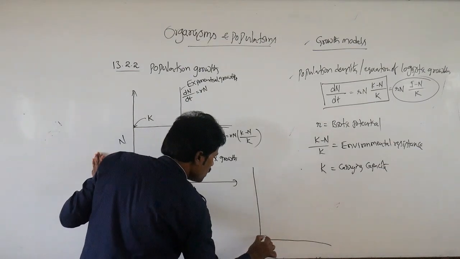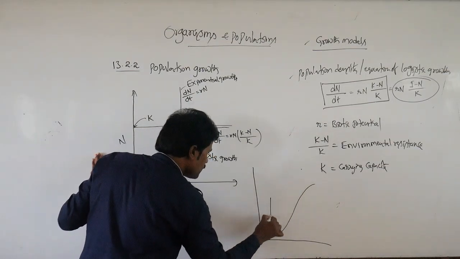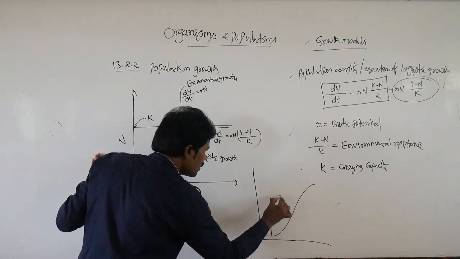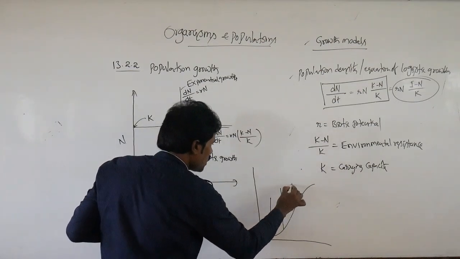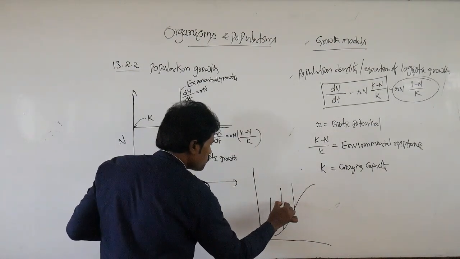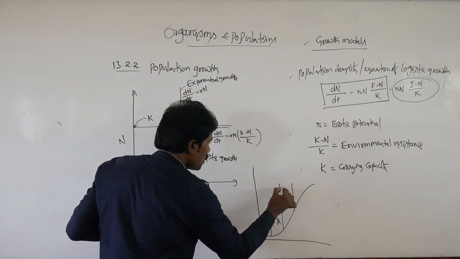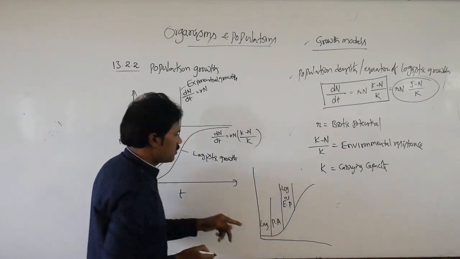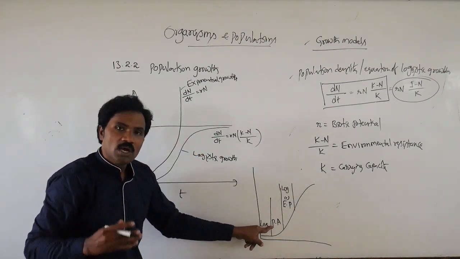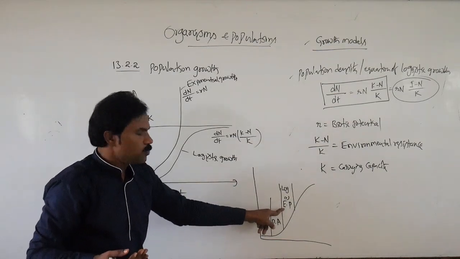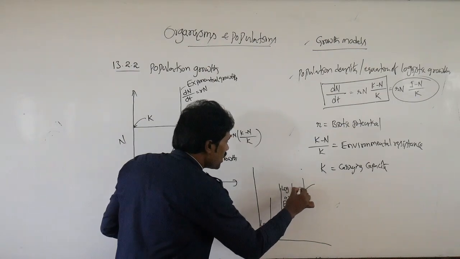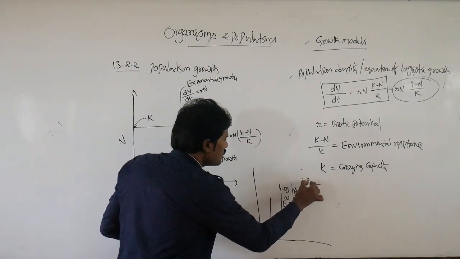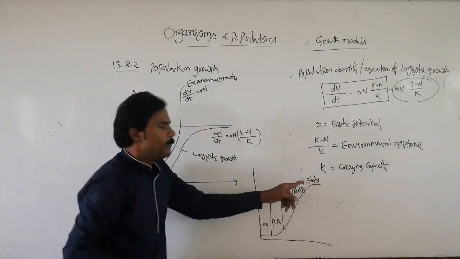If it represents logistic growth, the first one is the lag phase, the second one is the positive accelerated phase, then the third one is the exponential phase or log phase, then the negative accelerated phase, and then the static or plateau phase.